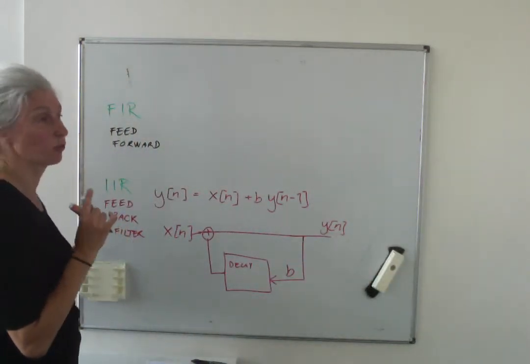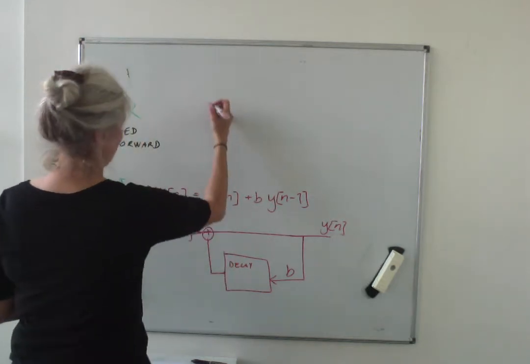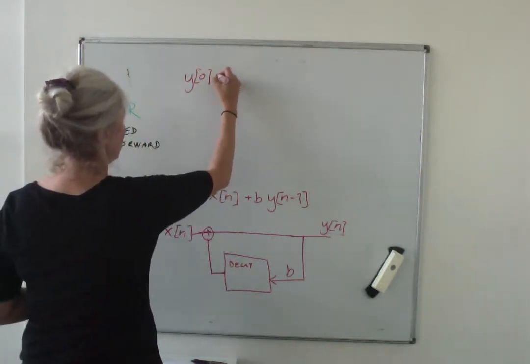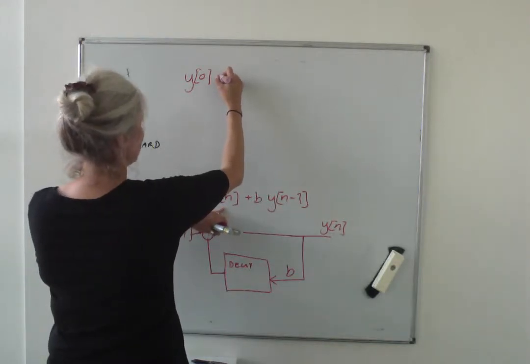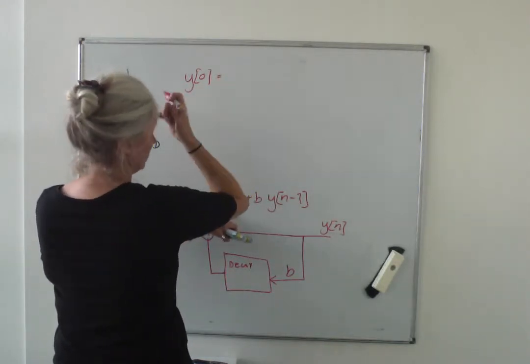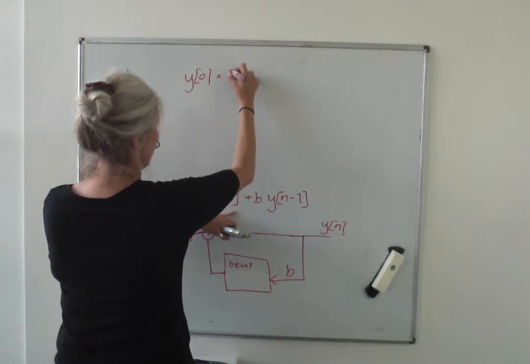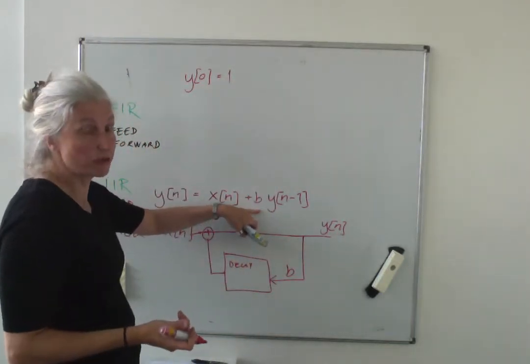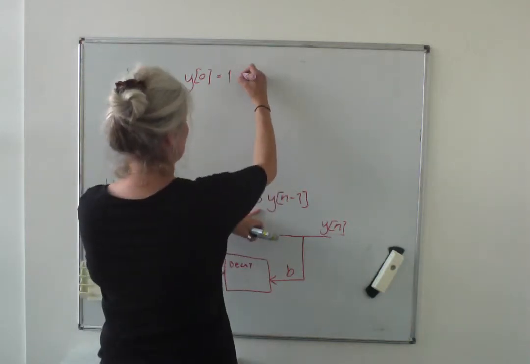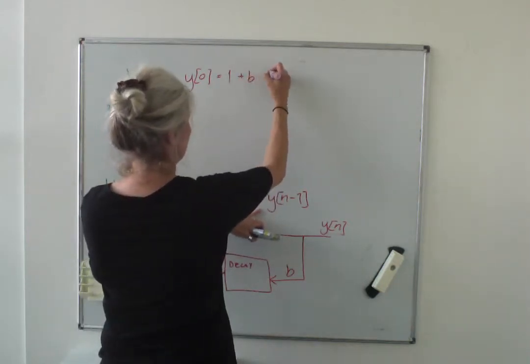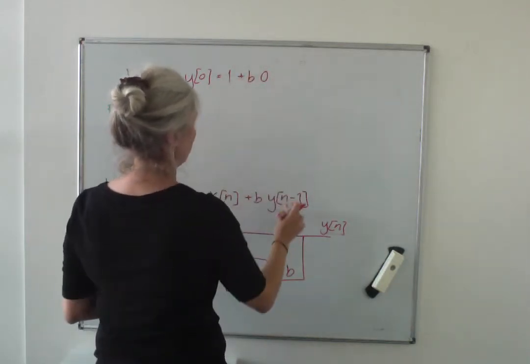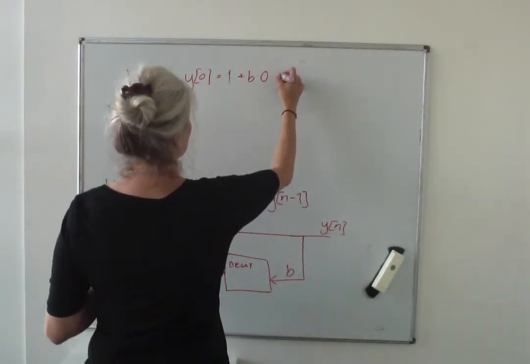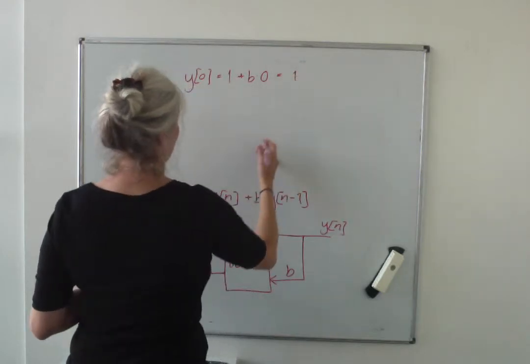The impulse has just 1 at time 0, otherwise not. The output here at time 0 becomes then the input at time 0, which is 1. And here we have a generic coefficient. I just wrote b. So we add b times 0, because that's the previous output signal, and that was nothing. So the output is 1.